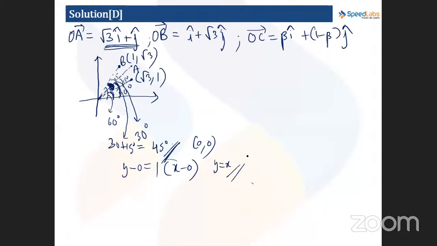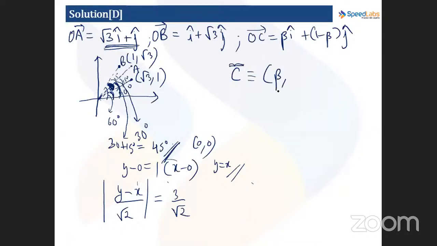So I know how to find the distance of a point from a line. I can simply write the modulus of y minus x upon root 2 equal to 3 by root 2, where I'll put the values of y and x from C. So C point is beta comma 1 minus beta.